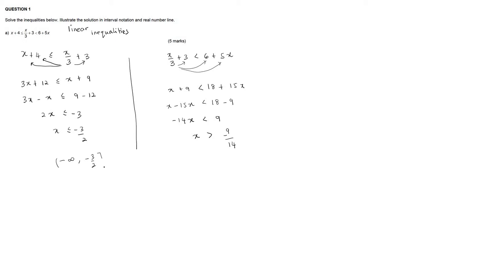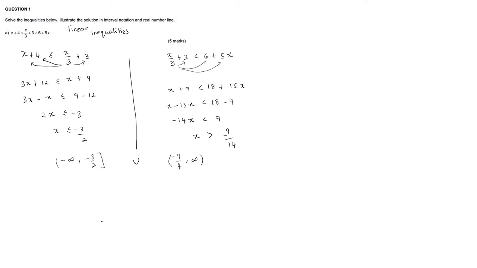Less equal, so close bracket. And this one is more. Dia lebih besar daripada negative 9/14. Bila lebih besar sehingga positive infinity. We use open brackets for both because the value is only more. And then union. Okay, this interval union with this interval. So this is the answer in interval notation.